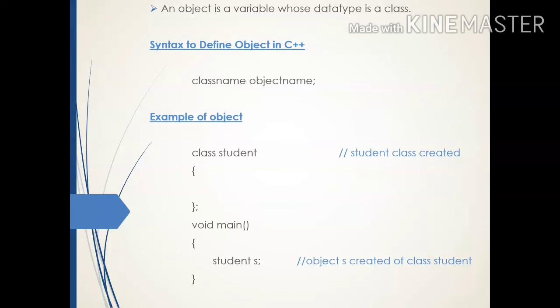See the example, class student. We are going to define object in main function. So in main function I am creating object. So here as per syntax, my class name is student, so I am writing student space S. So here S is my object.